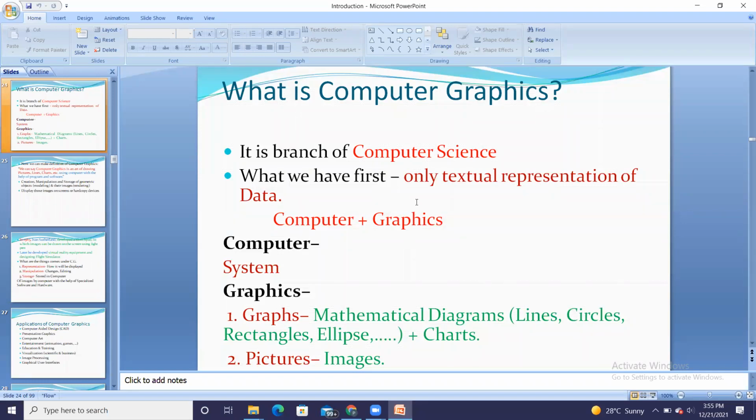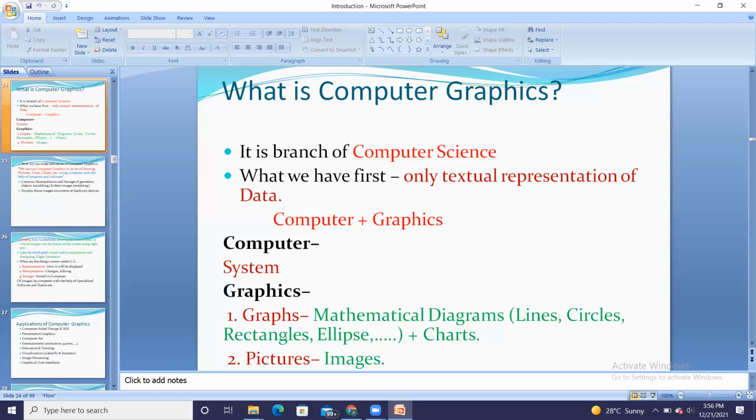So first, it is a branch of computer science. Till now we have had a textual representation of the data. That is, the data is available only in text format or in table format. But now we are going to represent it in graphics format.